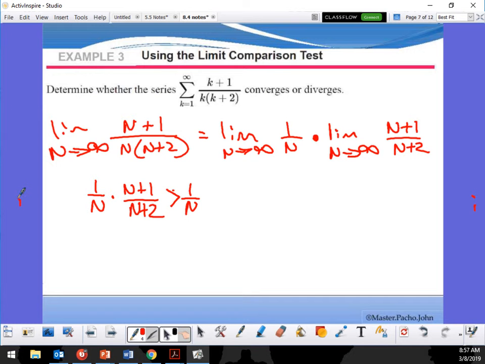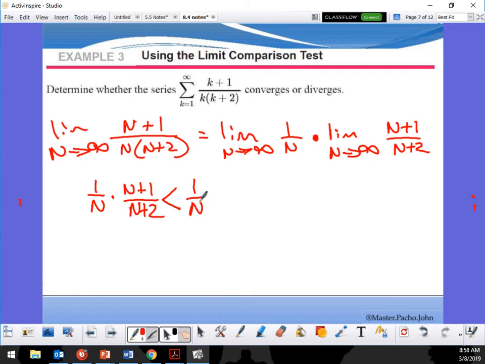So, in those comparisons, let's go ahead and actually take the limit of each one. Why is this one backwards? On this one, I'm going to test to see if it's going to converge.